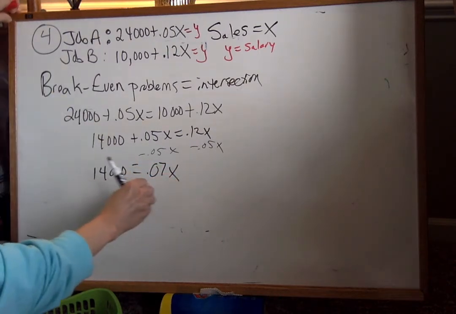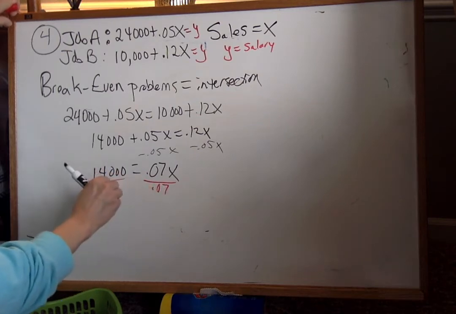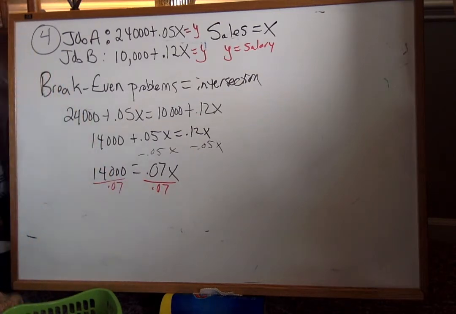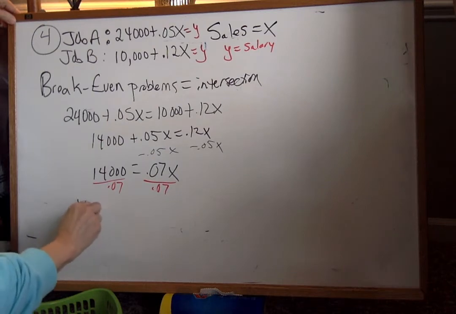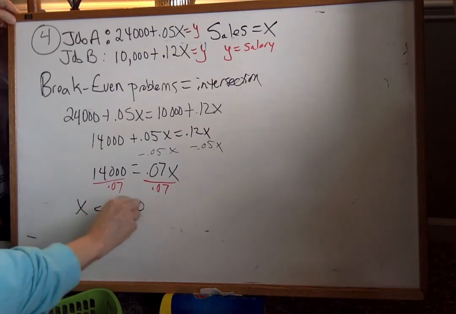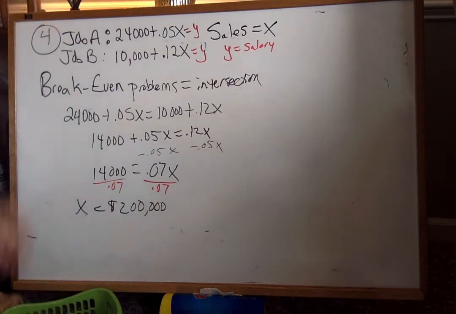Now I'm going to divide both sides by 0.07. And I'm going to get 200,000. Wow, I have to sell $200,000 in cell phones in order for these two jobs to be equal. And that's what the question asked.